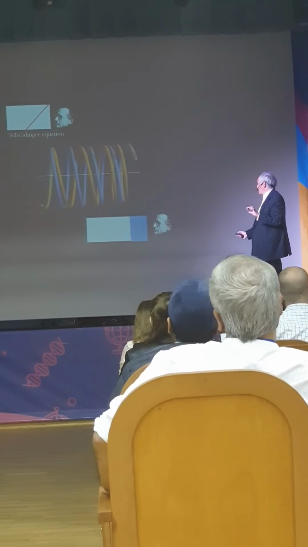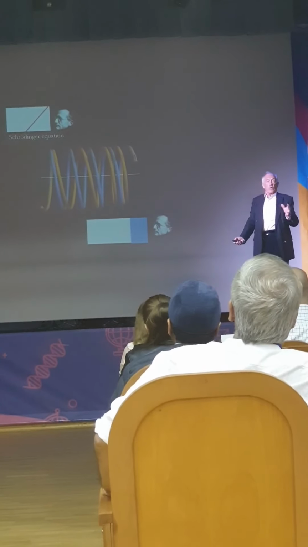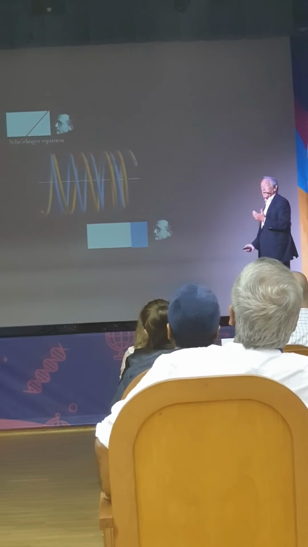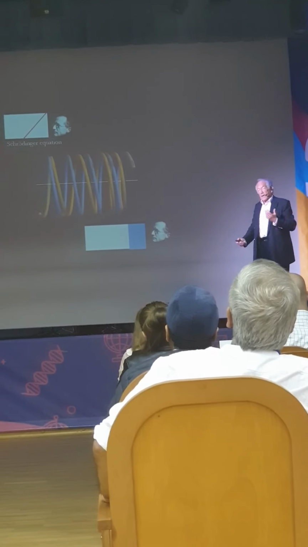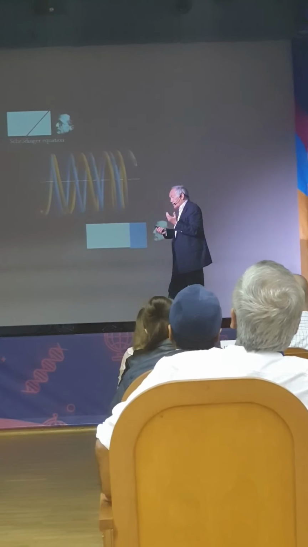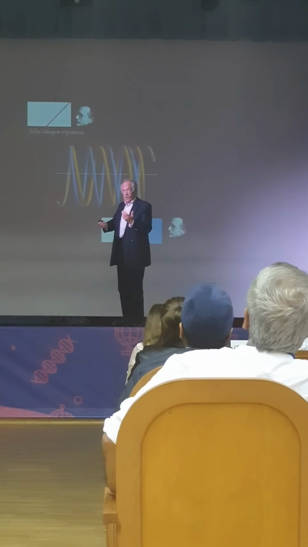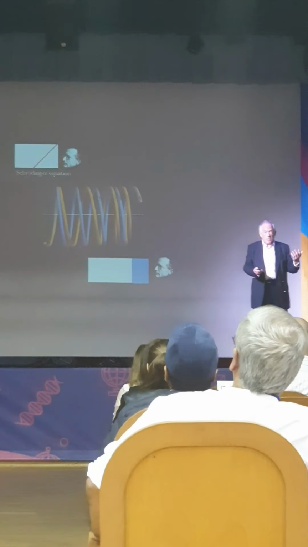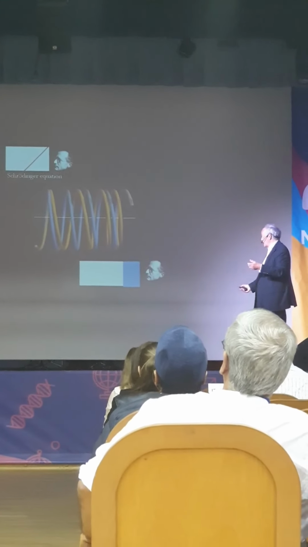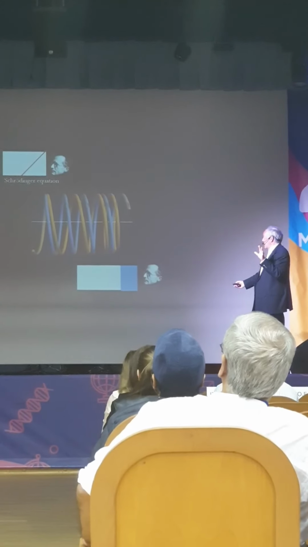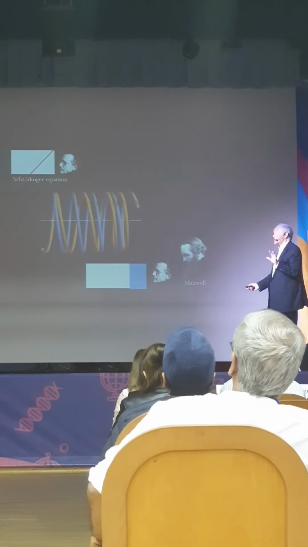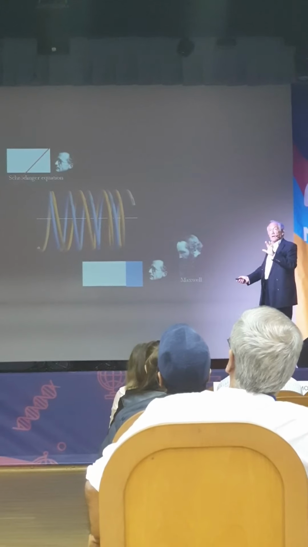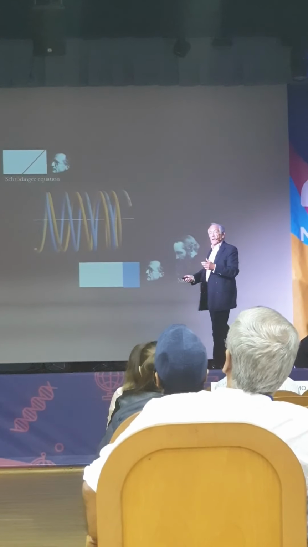We need a new equation which is the Schrödinger equation, with an extra bit. And the extra bit, quite extraordinarily, are the Maxwell equations. So, or consequences of the Maxwell equations. So in other words, local gauge invariance implies the existence of electromagnetism.